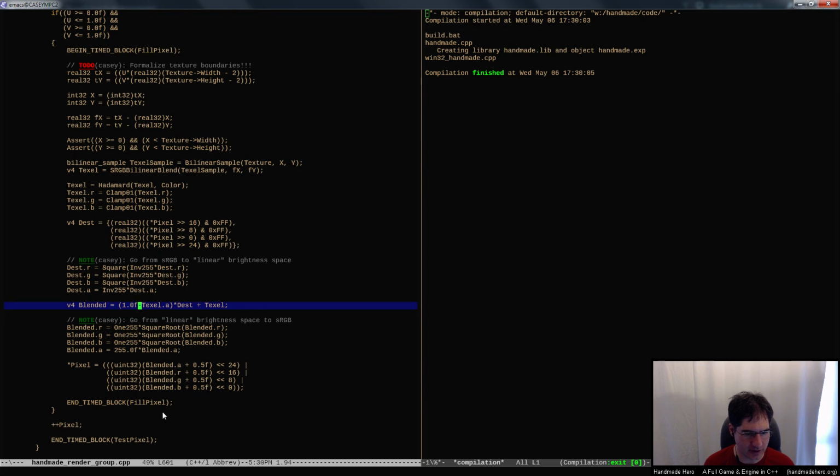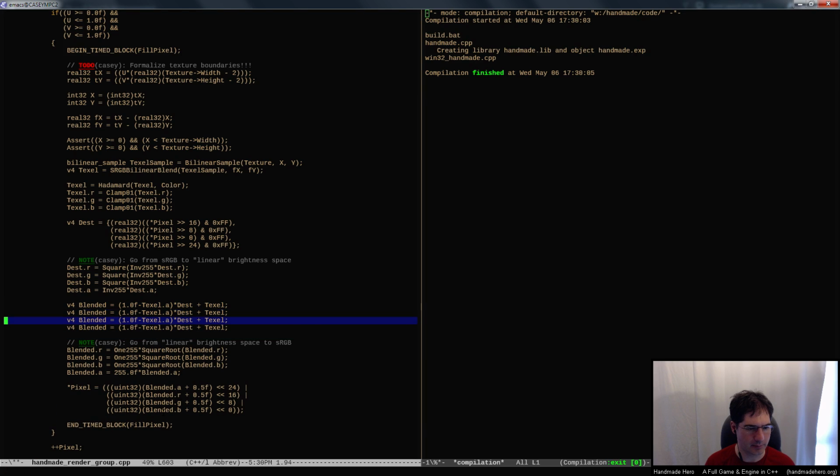So what I want to do is take a look at these here. 1 minus texel A times dest plus texel, right? So that's what's happening to dest immediately after I work with it, immediately after I put it into this space. I'm essentially doing, I'm going to blow this out here into scalar form, RGB A. Here we go.